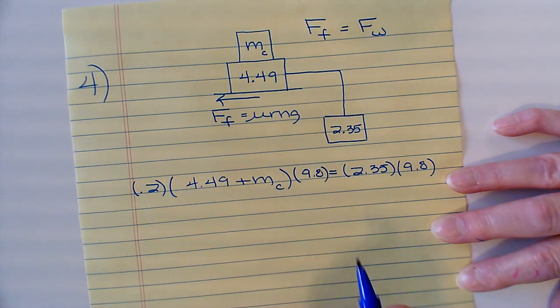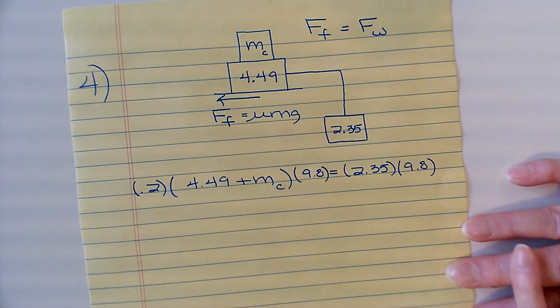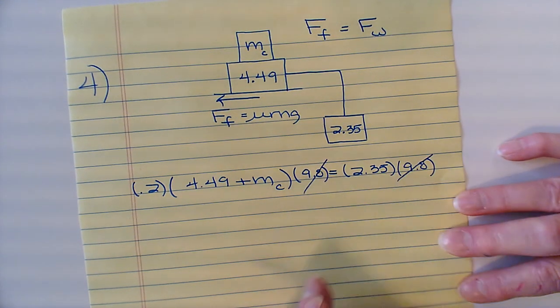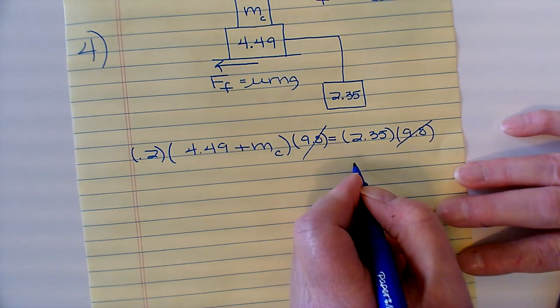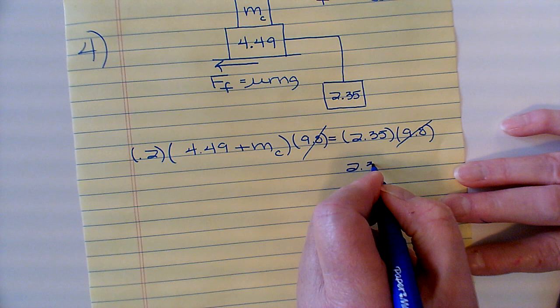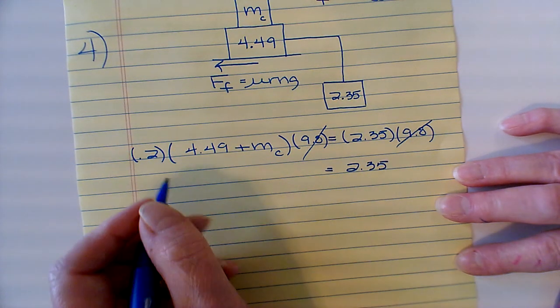So again, I think it just makes my math make a little bit more sense here. So I could cancel out those 9.8s, and then I could get 2.35 here.